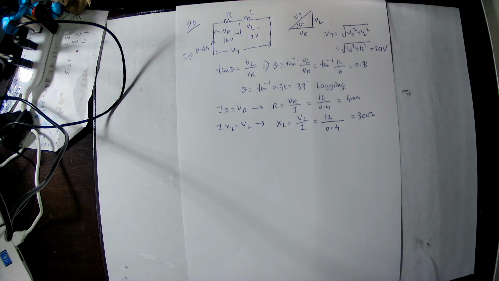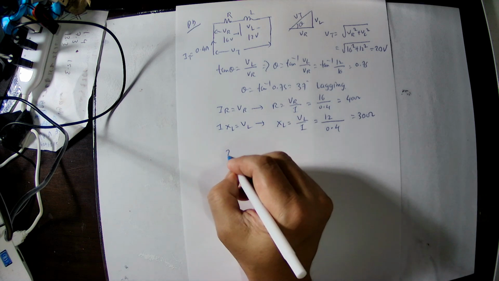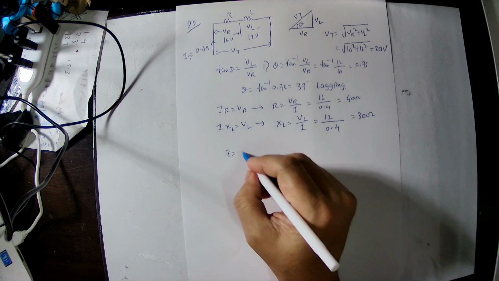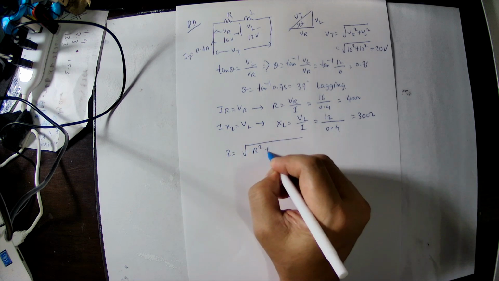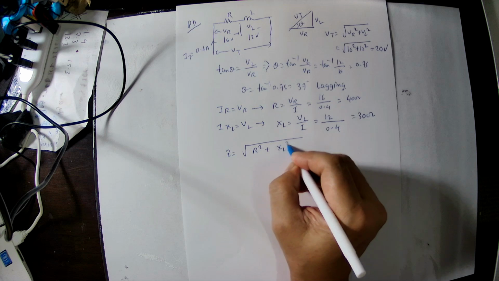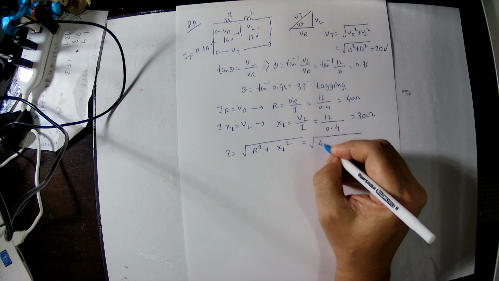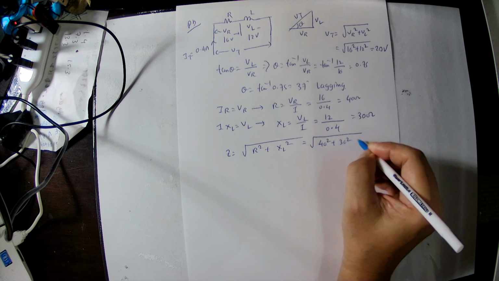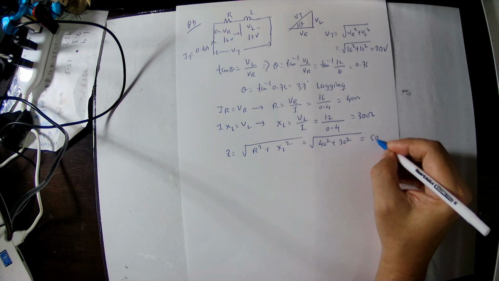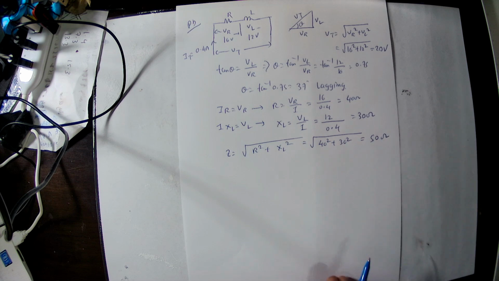Then we also calculate the impedance Z. Impedance Z equal to square root of R square plus XL square. R is 40 square, XL is 30 square, so we got 50 ohm. Impedance Z is 50 ohm.